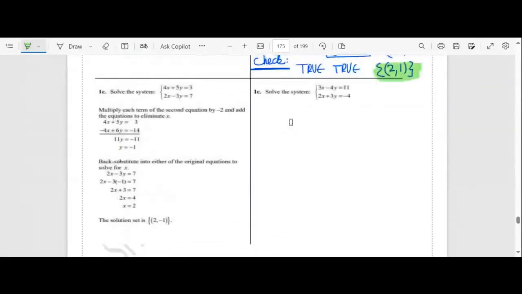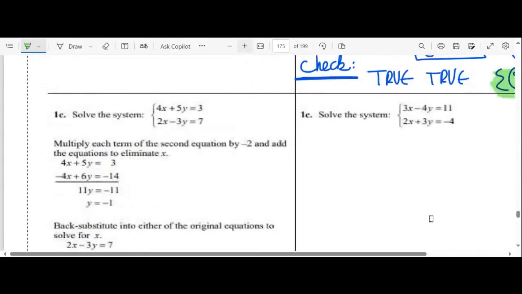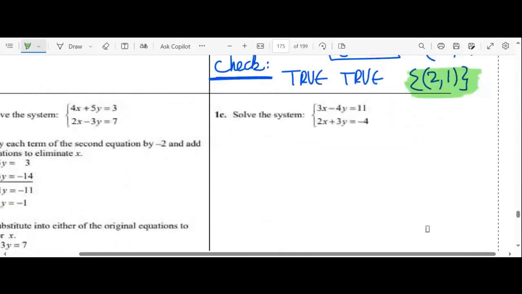Solve the system. Take a look at this. What should I multiply to get rid of one of the variables? I need to multiply one of the equations to get rid of one variable. So this is equation 1, this is equation 2.